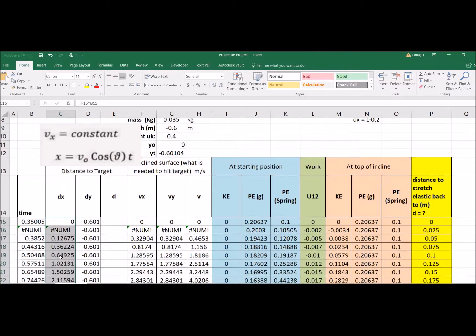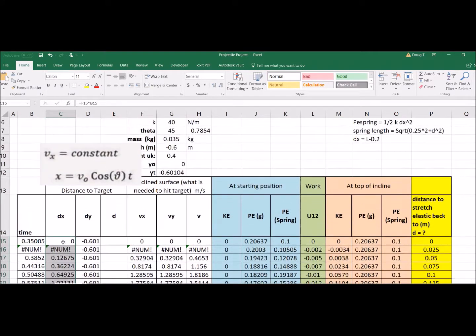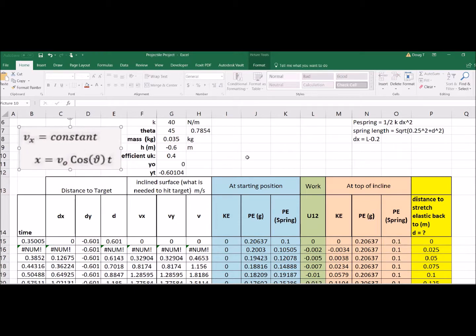Okay, so there is our dx, which means our total distance would be equal to the square root of dx squared plus dy squared. So now we have something that we can graph out, what target it will hit based on how far we've stretched our elastic back.